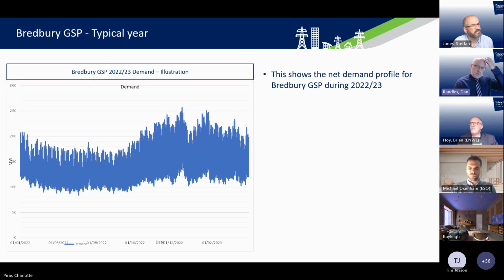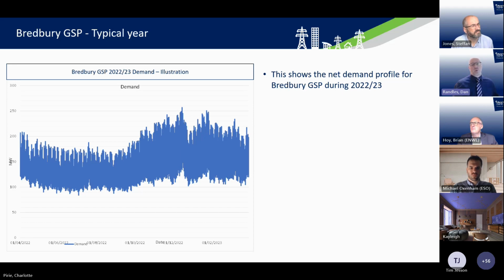So just a few slides which try to bring this concept of technical limits a bit more alive. What we've got here is a demand profile for a GSP.